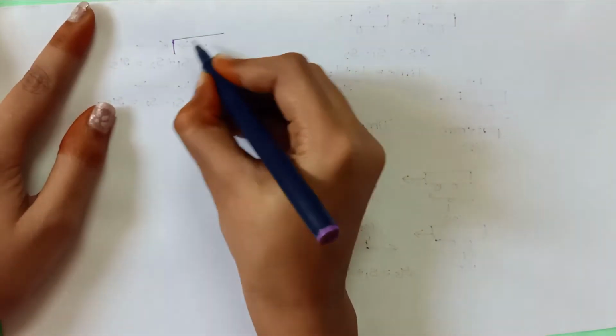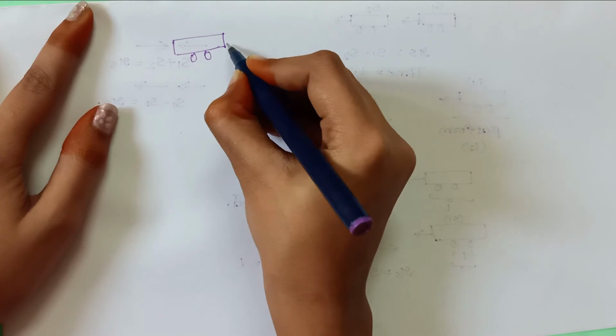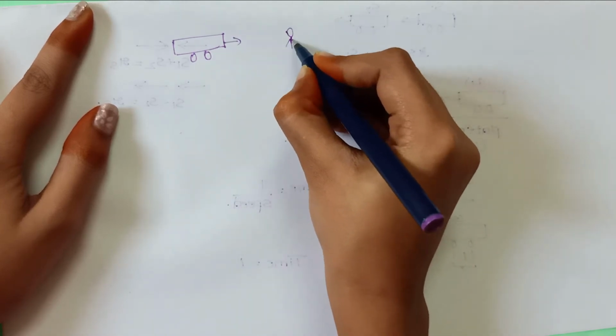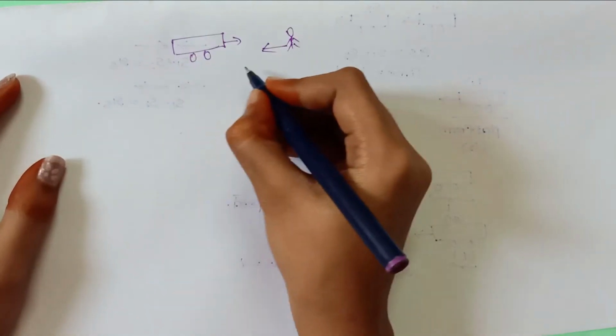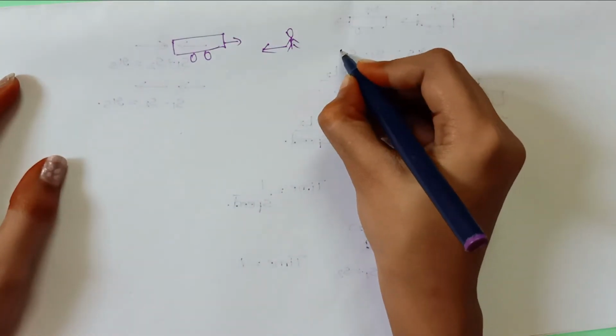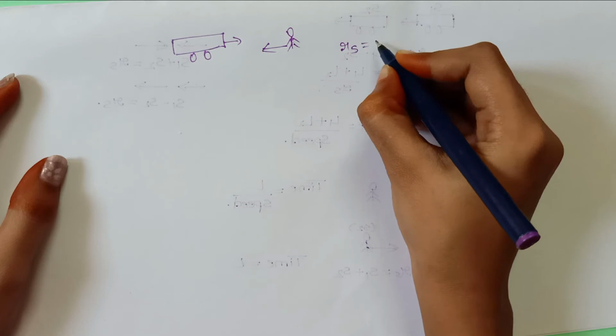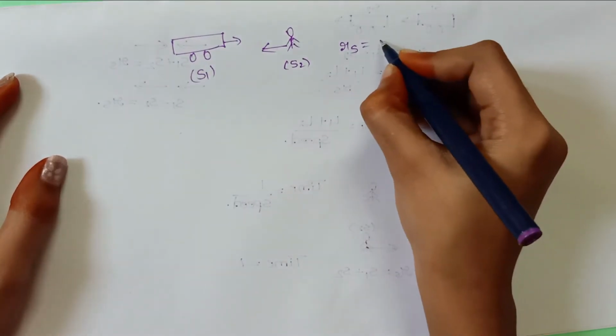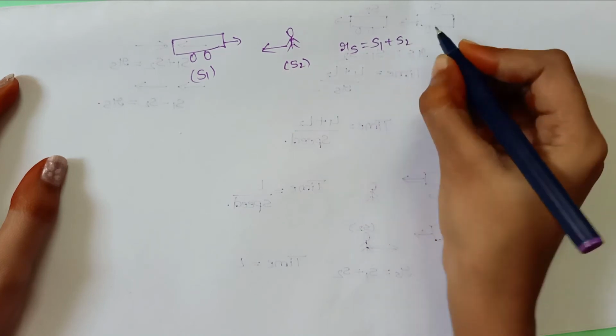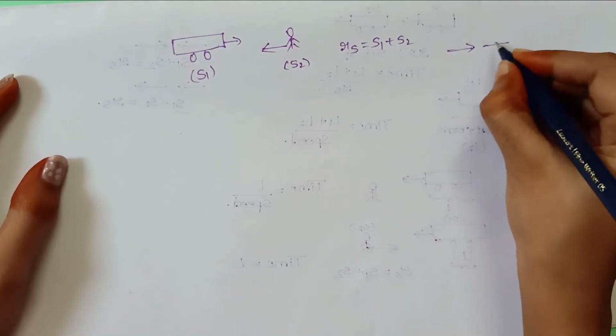When a train is moving and a person is also moving in the opposite direction, use this formula. RS is equal to S1 plus S2, where this is S1 speed and this is S2 speed, because they are moving in opposite direction.